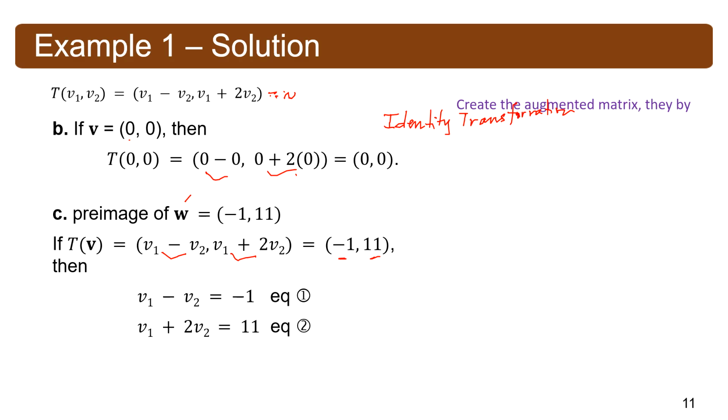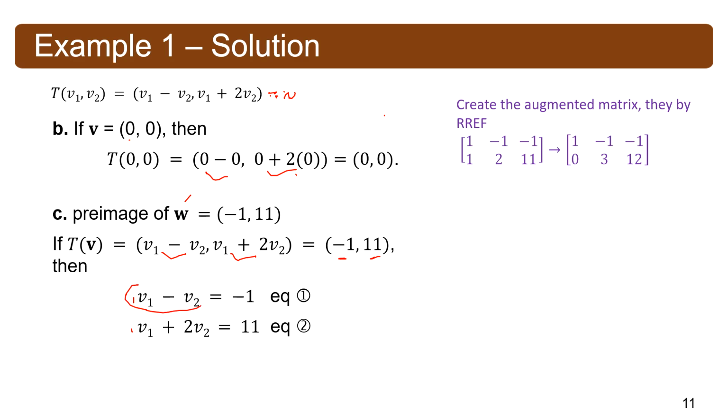So let's remove this one first. If you are going to create the augmented matrix and then reduce that to RREF, reduced row echelon form, we get the coefficients here. From the first equation, we have 1, -1, and the augmented column, of course, is -1. Then in the second row, we have 1, 2, and then it is equal to 11.